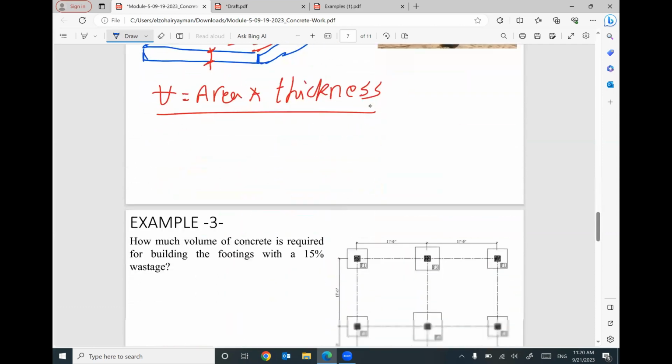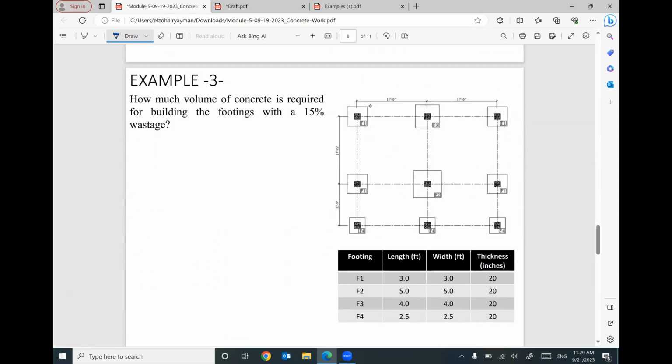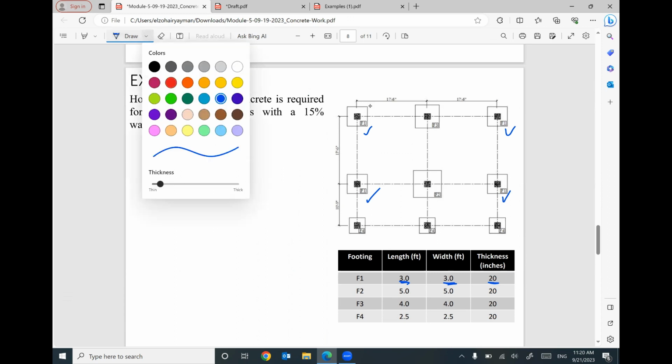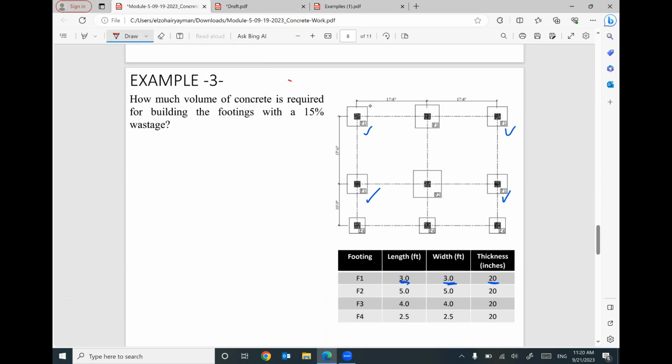Sometimes you are given footing with different sizes. So in this example, we have F1, F1, F1, F1. These footing are 3 length, 3 width, and 20 inch thickness. We have another footing, which is F2.